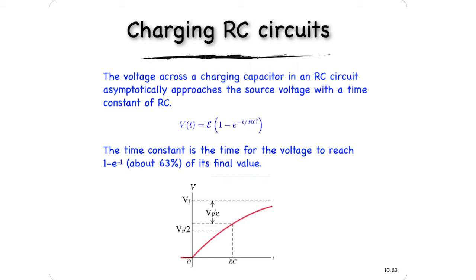So we call that time the RC time constant of the circuit. It's a measure of how fast this capacitor is charging up.